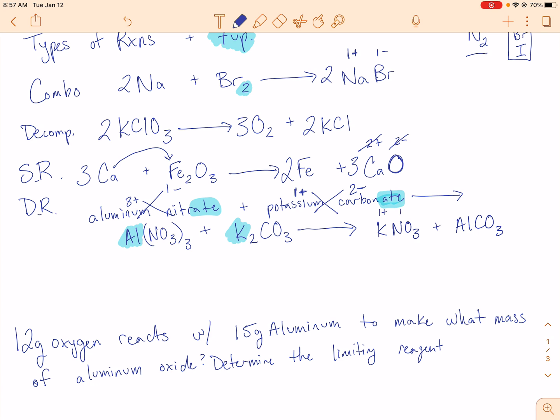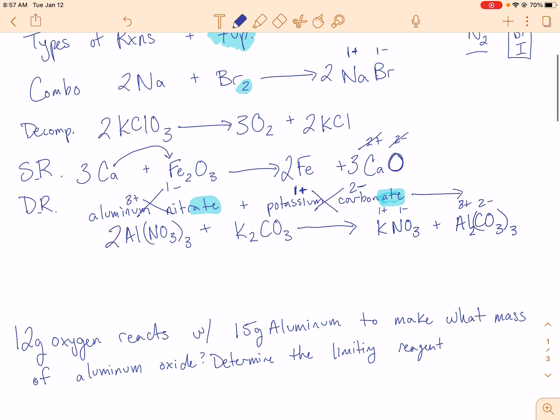So 1+, 1-, those are good. 3+ charge, 2- charge. So that's going to be Al2, CO3, 3. Okay, so this is all written correctly. You would then have to balance that. So we would need a 2, a 3, and a 6.